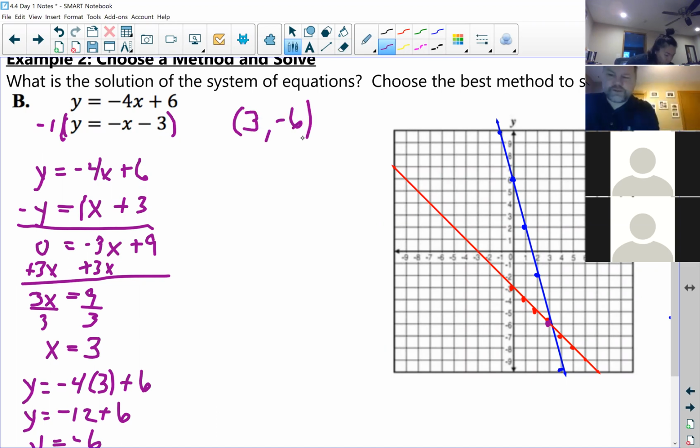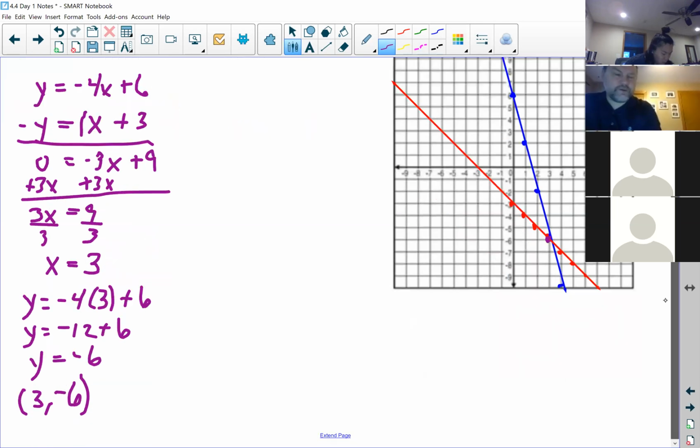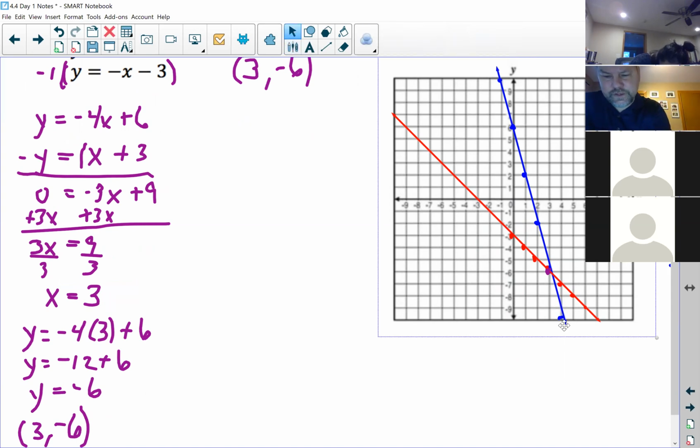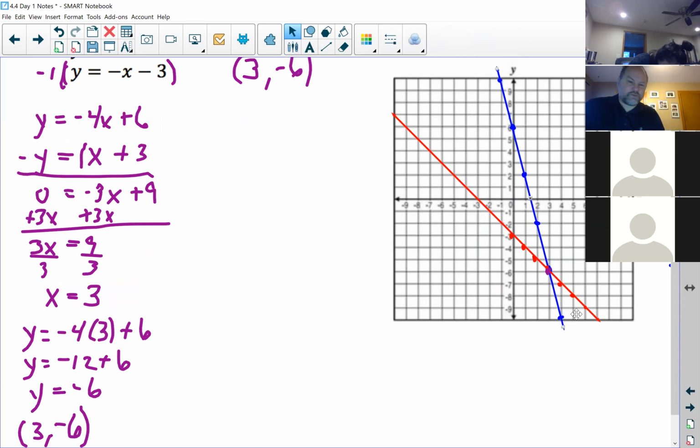So again, we get the same answer, both methods, which is good. We should get the same answer. It just becomes the question of which you're more comfortable with and which is maybe more efficient. And this graph, there we go. That looks better. All right.